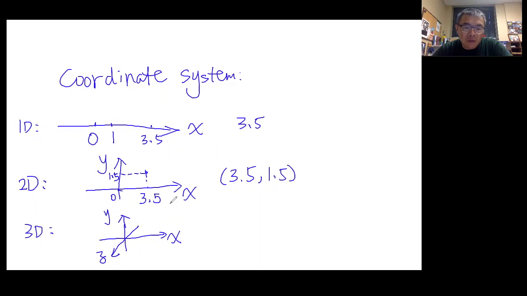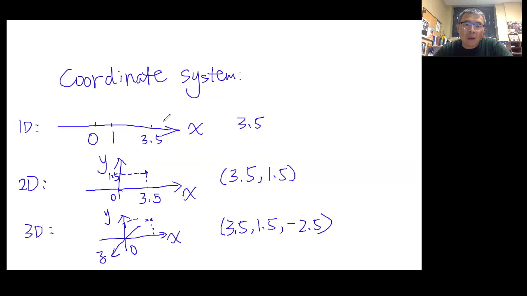Now, for any point in 3D space, you can specify the three coordinates of that point. Let's just say it is 3.5, 1.5, and negative 2.5. Just some numbers. As you can see here, the number of dimensions is directly related to the number of numbers you need to specify the point.